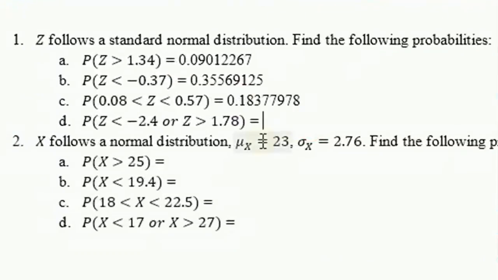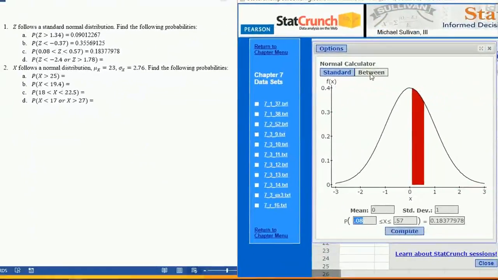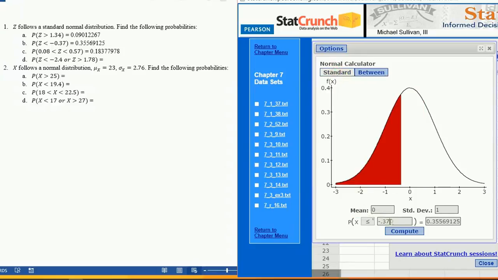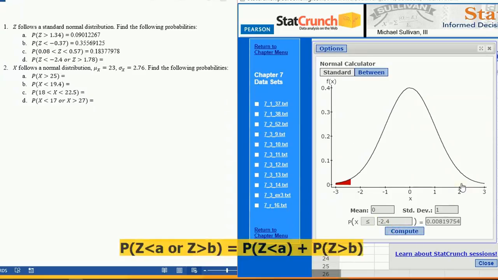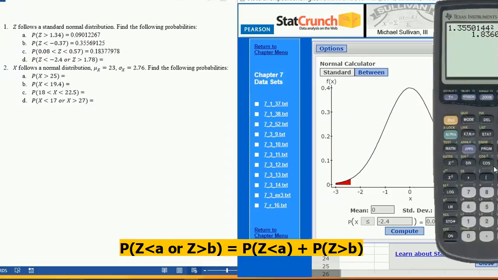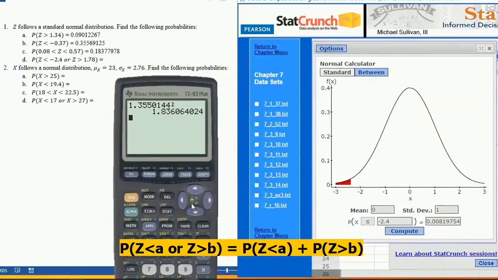Now for a probability in the tails, this is the probability that Z is either less than negative 2.4 or greater than 1.78. One way that you can do it is to calculate each area. Say first you go less than negative 2.4, compute that, and I'm going to put that into my calculator.